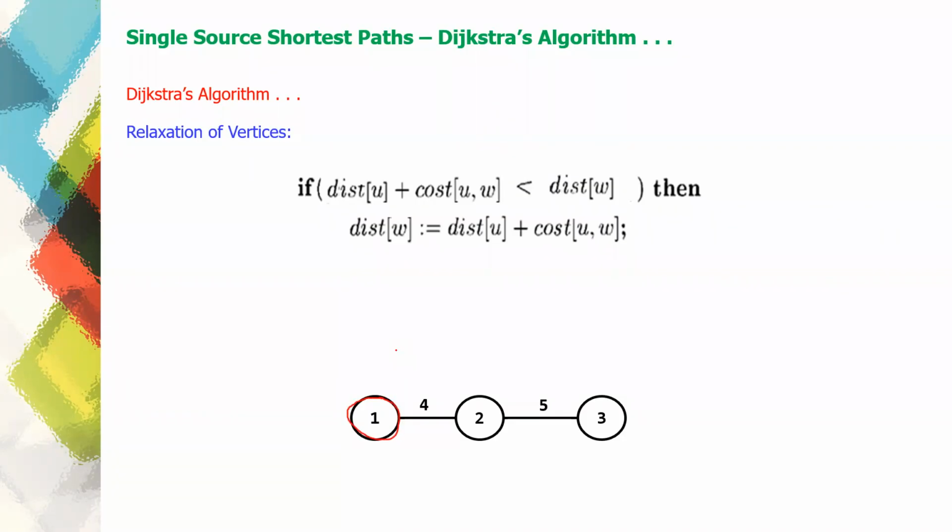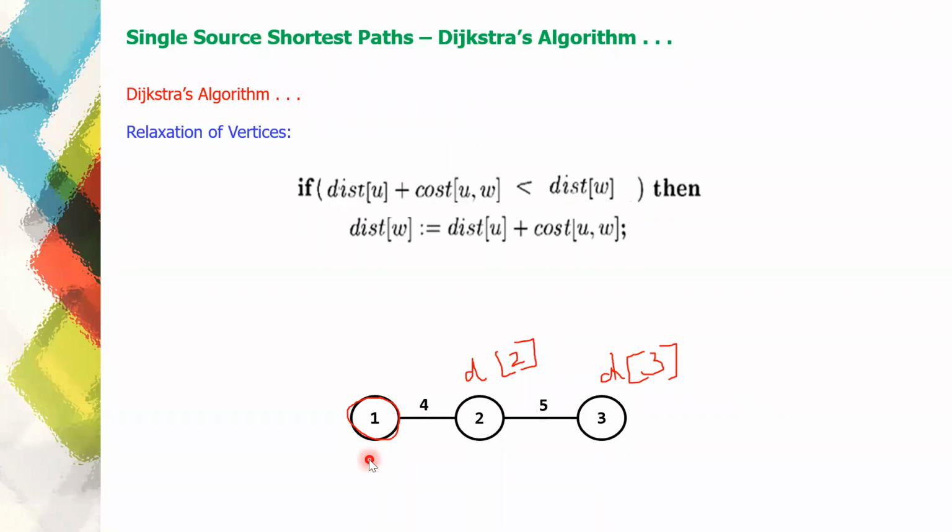Now I have to generate the shortest path from vertex 1 to 2 and the shortest path from vertex 1 to 3. And for that, here I'm going to represent the distance of 2, and here the value will be the distance of 3. And this value, distance of 2, is the value that indicates the distance from the source vertex to node 2.